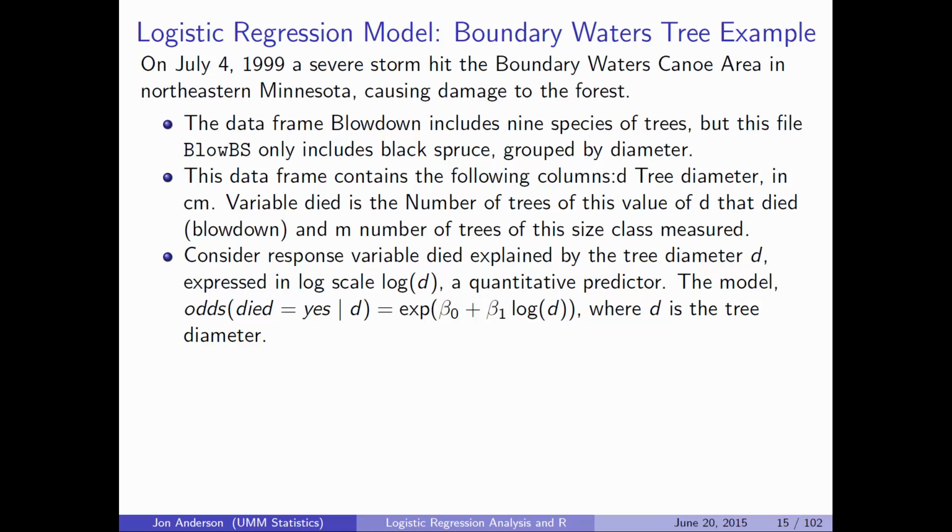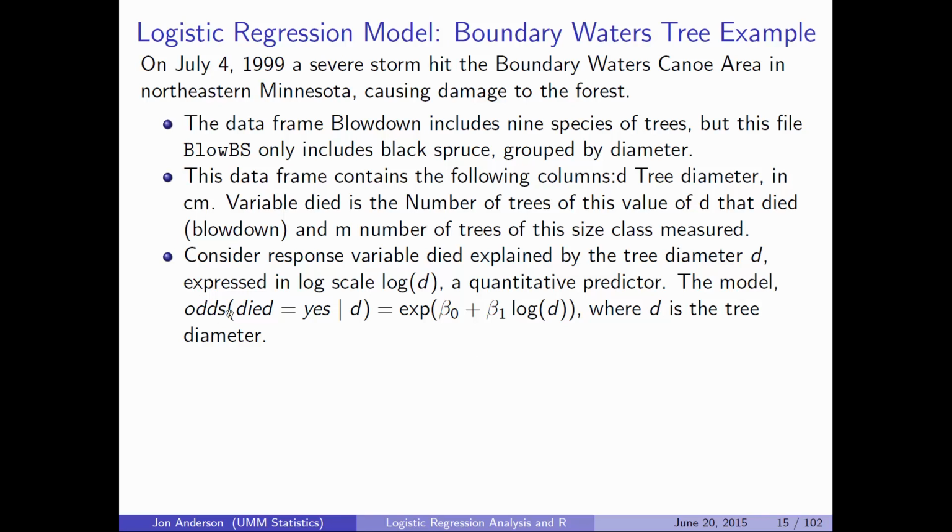Here's an example using a quantitative predictor. In 1999, there was a severe storm in a wilderness area in northern Minnesota, and we're keeping track of whether trees were blown over and destroyed in the wind, and that's the response variable. The predictor variable that we're going to use here is the quantitative variable diameter.